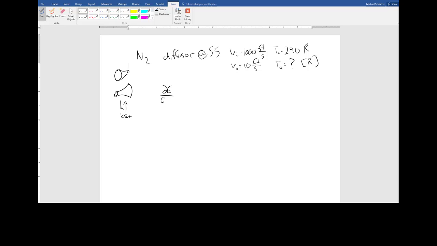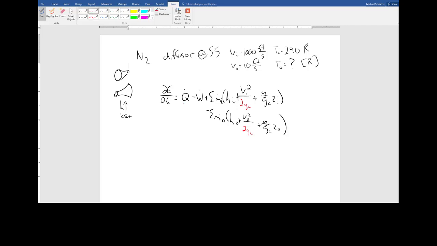So dE by dt is equal to Q dot minus W dot plus the sum of m dot in, H in plus V in squared over, now, because it's imperial, it's 2gc, plus g over gc, Z in, minus the sum of m dot out, H out plus V out squared over, again, 2gc, plus g over gc, Z out.